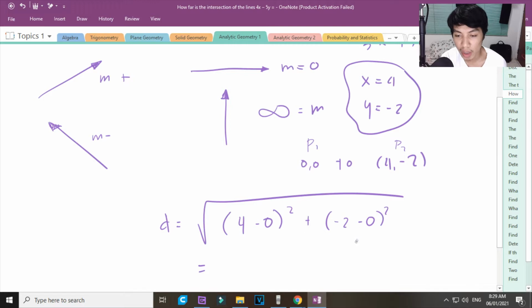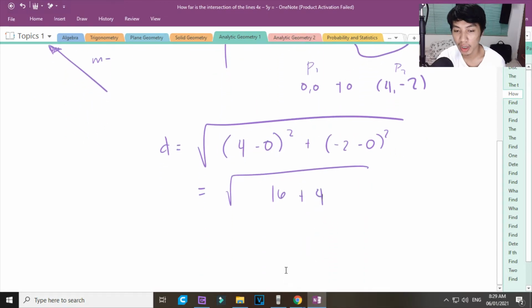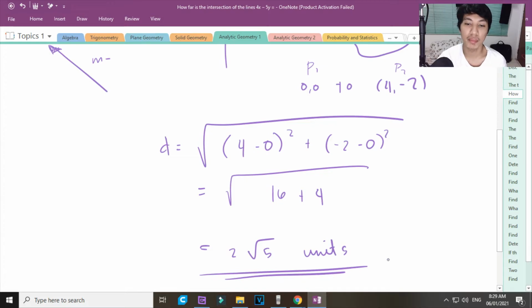Calculation mo, 16 plus 4, square root ng 16 plus 4. That is 20. So, 4 is square root of 5. Bale, 2 square root of 5 yan. 2 square root of 5 units. Okay? That is for the problem.